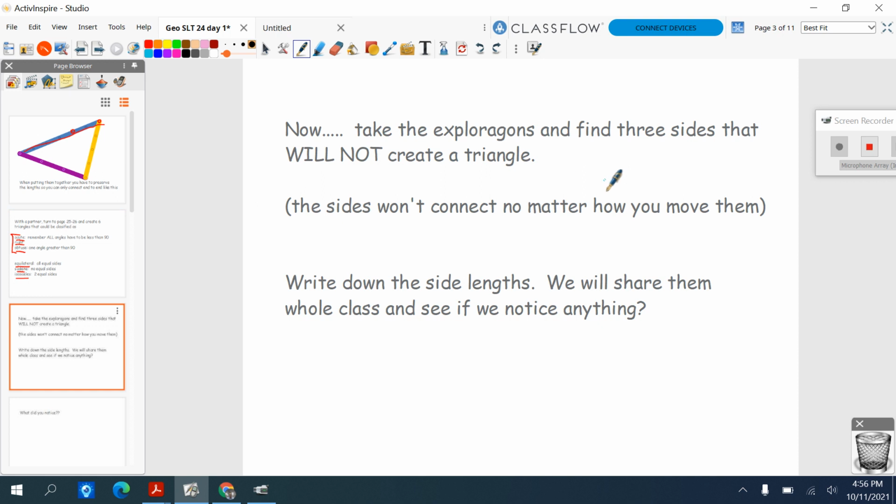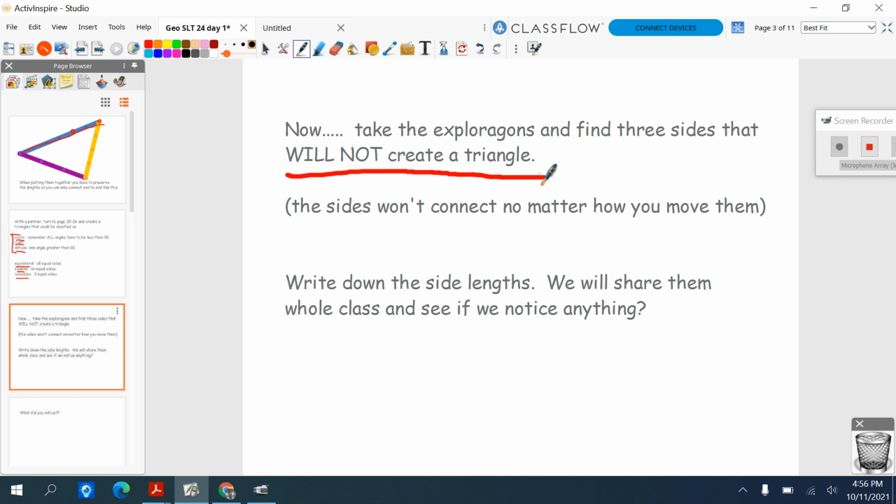I want you to take the Exploragons and find 3 colored sides. You could have 2 of the same color if you want, but basically 3 Exploragons. I want you to find ones that, if you connect the ends, will not fully connect to form a triangle. The sides won't connect however you move them.